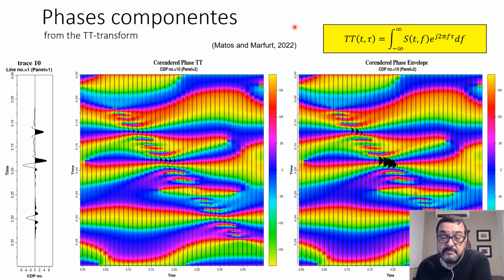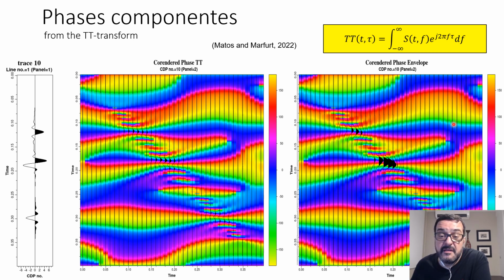By picking, as we showed before, the phase at the peak envelope of each trace. Let's look, for instance, at this trace that, after stacked, represents the twin beds. We can clearly see here that the phase rotates from the 0 phase here to 90 degrees and then to 180 degrees.